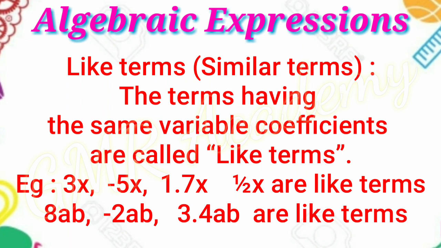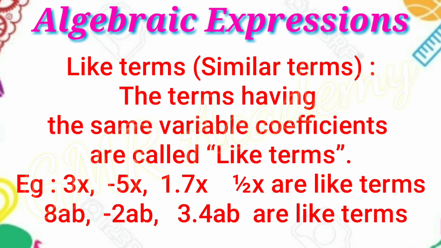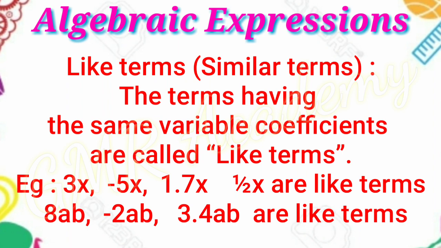So this type of terms are called like terms. In the second example, 8ab, -2ab, 3.4ab are like terms. Here the variable term is the same and the coefficients are different. Like terms means the variable power is the same, while the coefficients are different.